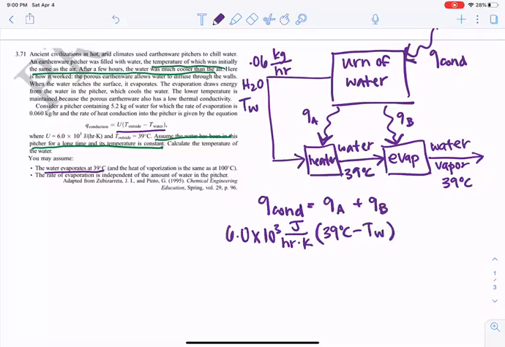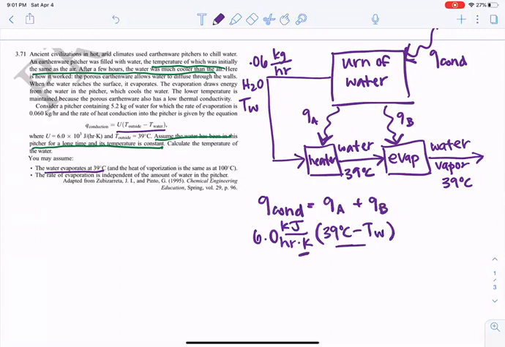One thing to be a bit careful of is joules versus kilojoules. So you might want to just deal with that now and say that instead of 6.0 times 10 to the 3 joules, we're going to say 6 kilojoules per hour times Kelvin. One question I got a lot is, well, this is in units of Kelvin and this is in units of Celsius.